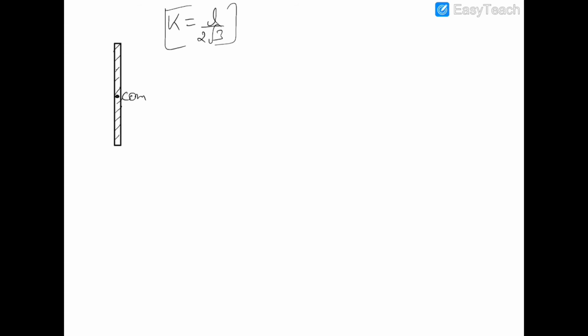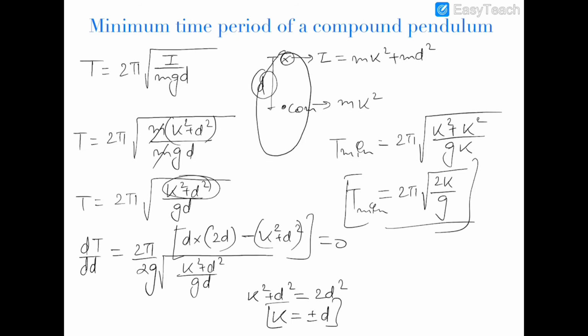So we need to hinge this rod at a distance of L by 2 root 3 to extract the minimum time period of this rod, and this minimum time period will be equal to 2 pi under root of 2k by g. You can see the formula.